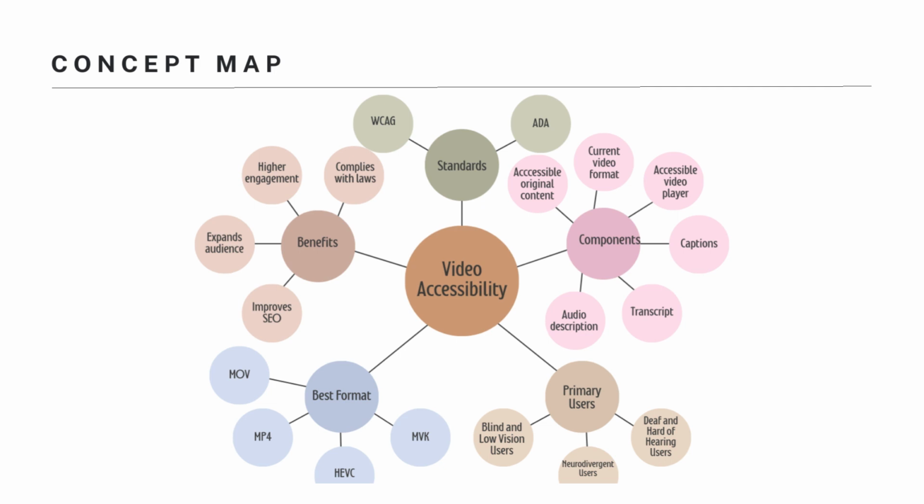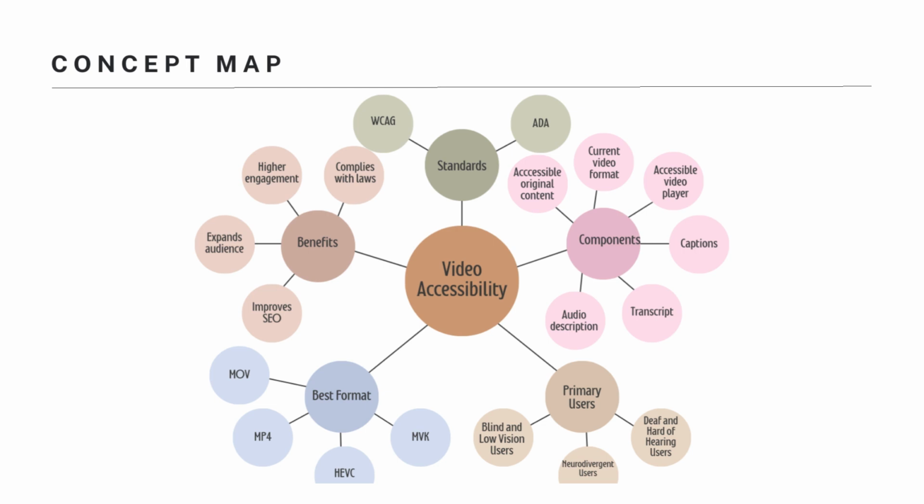First, we'll talk about standards, which include ADA and WCAG. Then we'll discuss the components, which include accessible original content, current video format, accessible video player, captions, transcript, and audio description. Then we'll move on to primary users, who are deaf and hard of hearing users, neurodivergent users, and blind and low vision users.